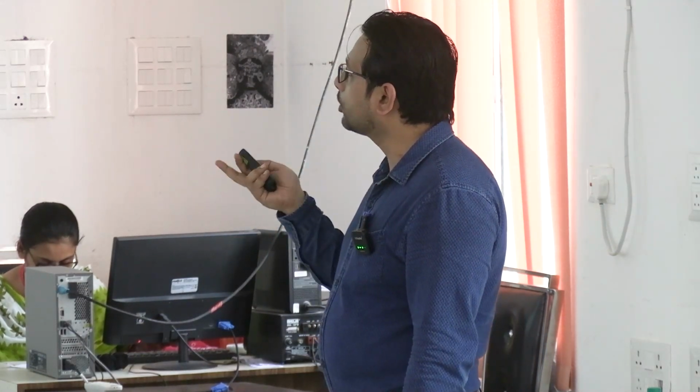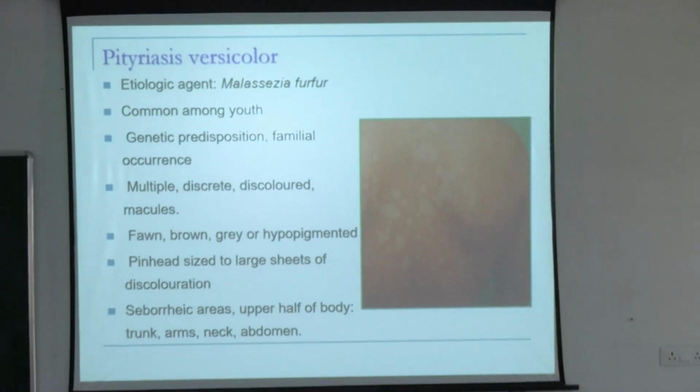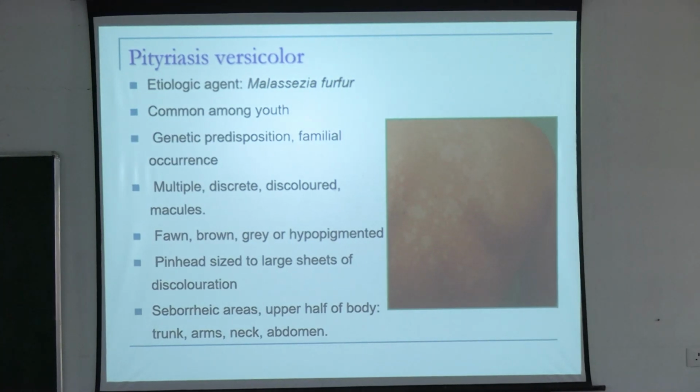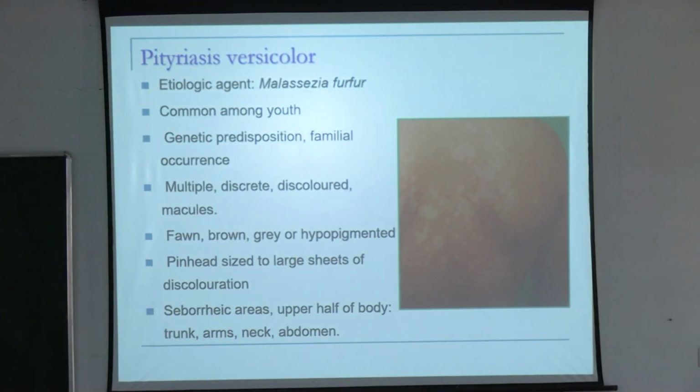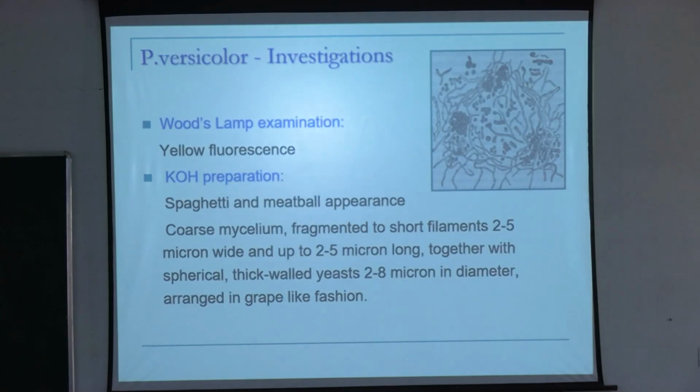Again, it is common in young people, with familial genetic predisposition. There are multiple discrete discolored macules, sometimes fawn, brown or grey in color, or hypopigmented, pinhead size, with large streaks of discoloration, in seborrheic areas mainly, behind near the neck, the upper half of the body: trunk, arms, neck, abdomen.